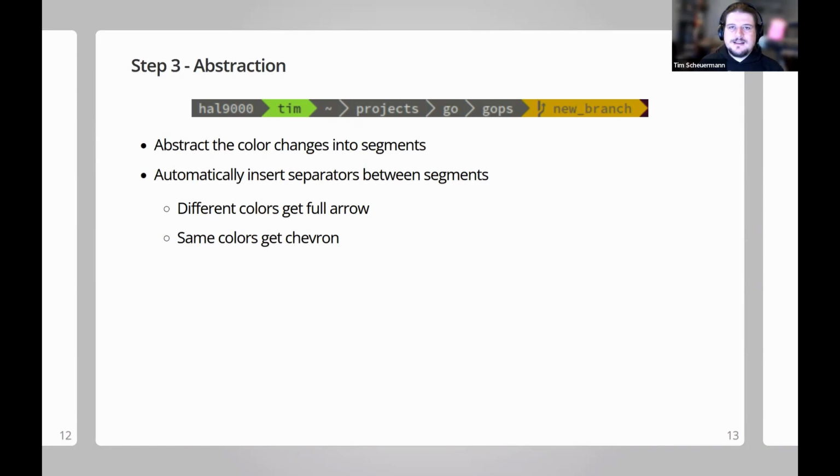When you have two segments of the same background color, it will not insert a full arrow, because the arrow wouldn't be visible: the same color against the same color doesn't make sense. Instead, it uses this chevron symbol in the foreground color to separate those segments.